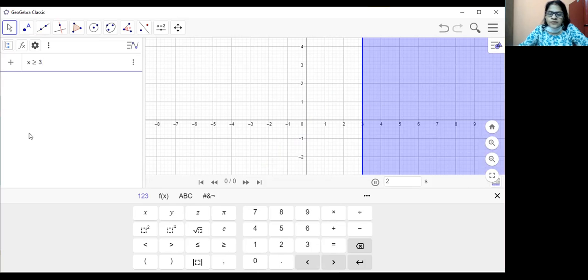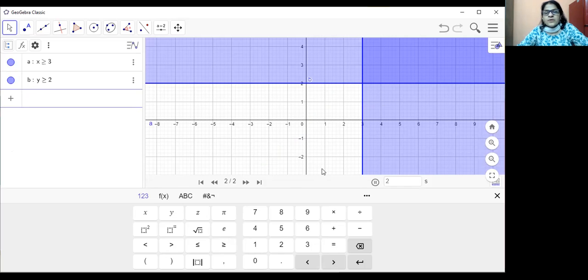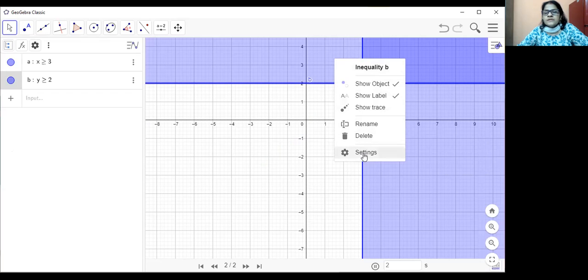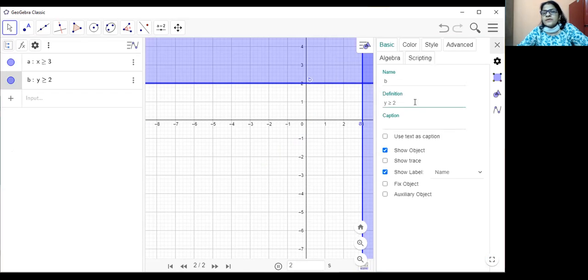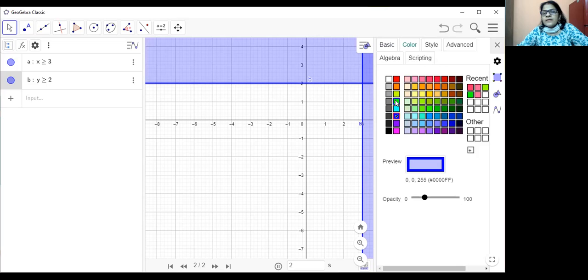Let me take another one, y greater than or equal to 2. So here you can see, I can change the color of this by going to settings, color, and I can take a good color.